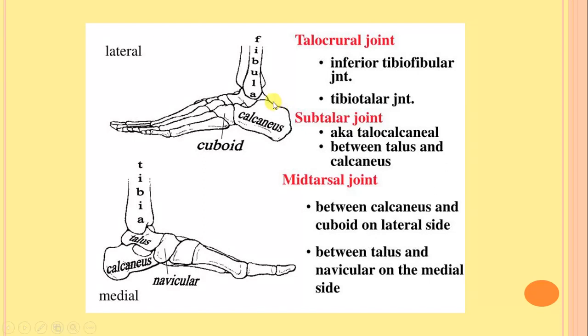Because when we see the bones, we see here the calcaneum making a joint with the cuboid bone, and here is the navicular bone, and here again the calcaneum is making the calcaneonavicular joint. Here is another joint, the talonavicular joint. We will discuss later what the importance of this joint is in the movement.